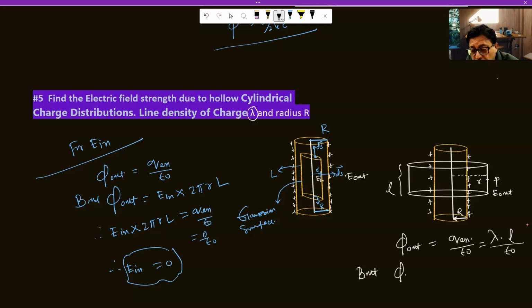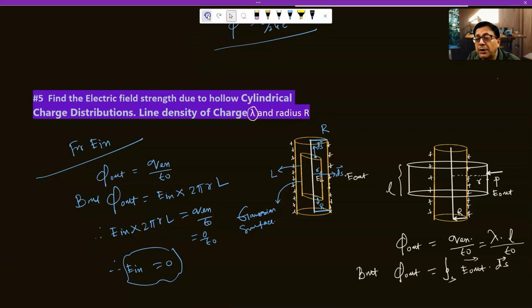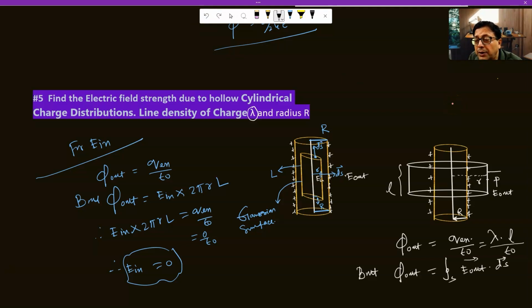But phi out from Gauss law, you have to compare these two, always. This is E out dot ds. Here E out is radially outward. The angle between them, this is not inward, it will be radially outward. It is directed radially outward.